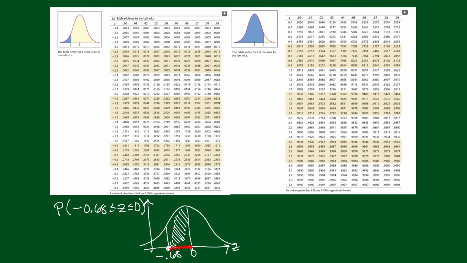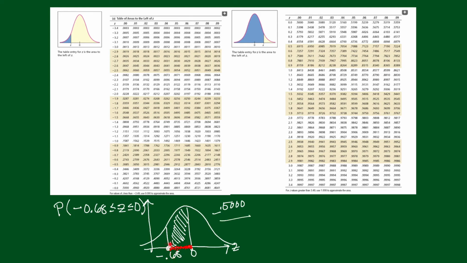So how about if we did this? What if we took all of this, all of up to 0, which is 0.5? So we'll take the 0.5 and let's subtract off this part right here. And how can we get that? That we can look up in the table. So here's the plan. We're going to take 0.5 and we're going to subtract. Now, look up this area. 0.68.